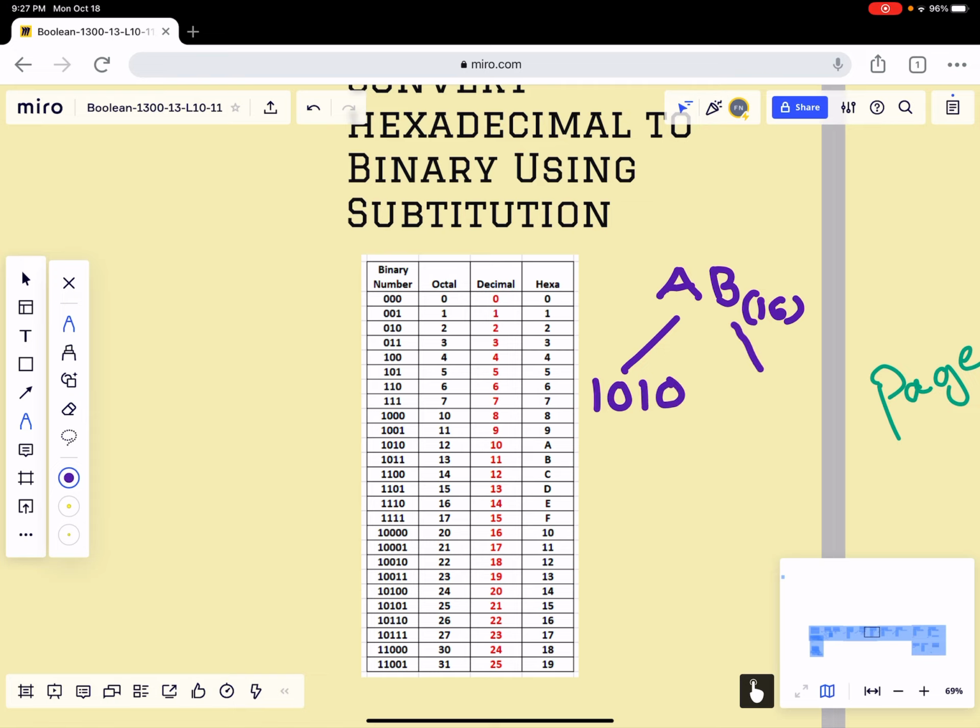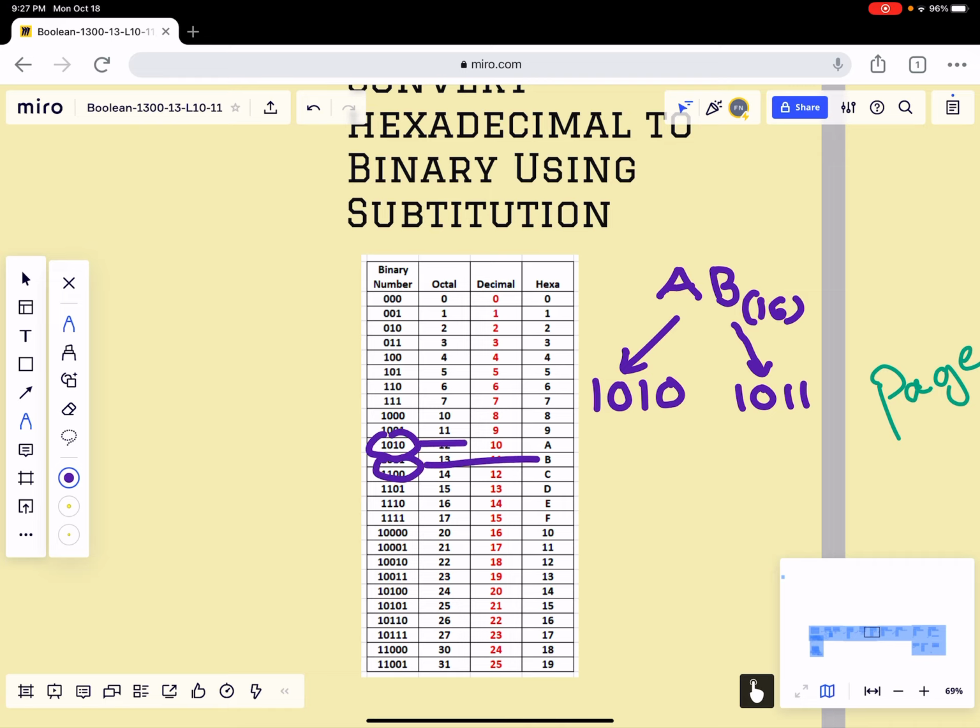And B, you look at B right here, so equal 1011.